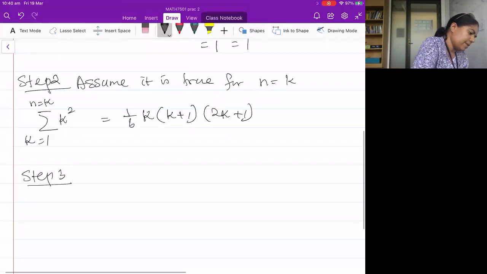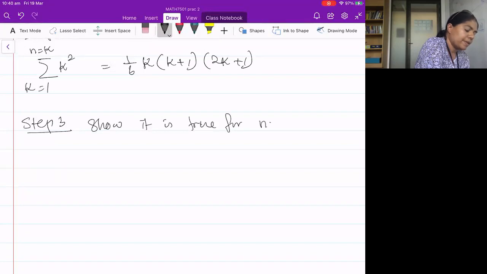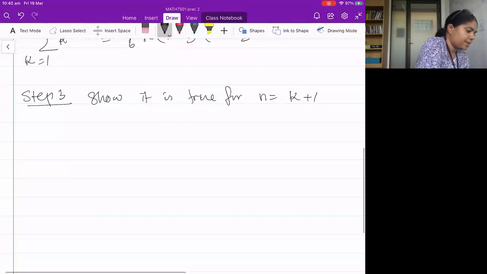Step 3 is the last step. Show that it is true for n equals k plus 1. That is the k plus 1 step.